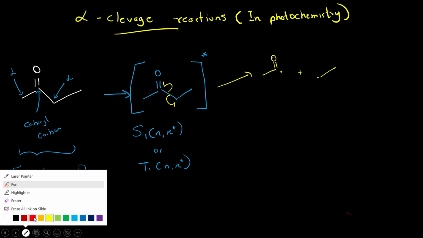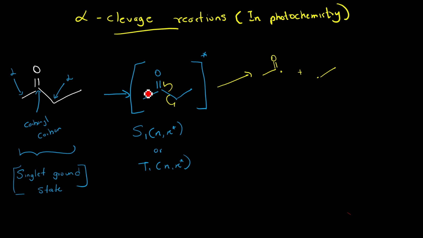And in the second way, this other bond can be broken, with the same mechanism. I have drawn it in red color. So here we have the second one. Here we have the methyl group, CH3, with the radical.